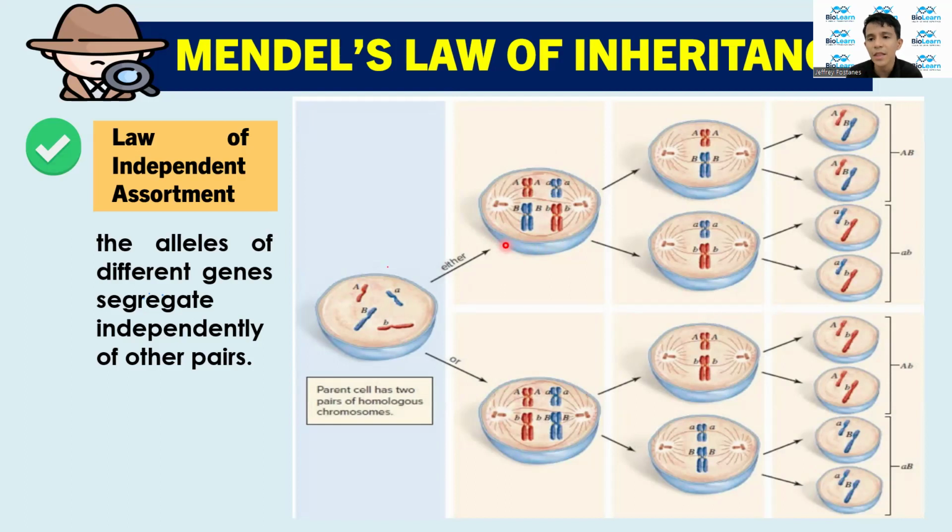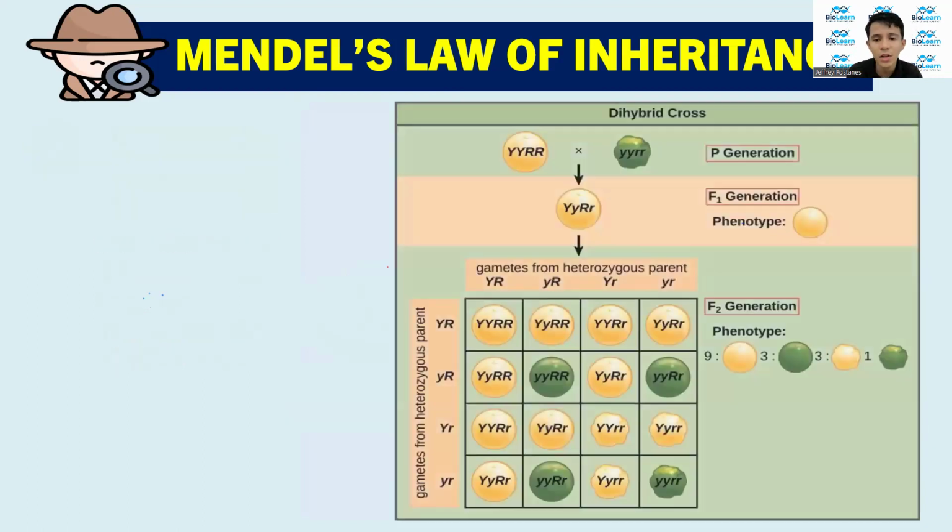No, it's independent. It does not follow a specific pattern. It doesn't mean that if you have a dominant allele, the other allele that you'll get is also dominant. It may be recessive, it may be dominant, and it does not follow a specific pattern. Okay, so that's the law of independent assortment.